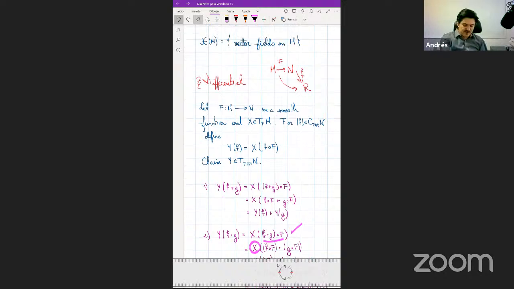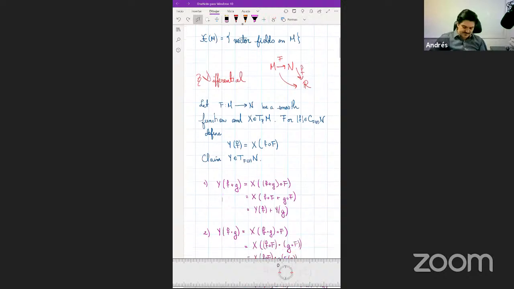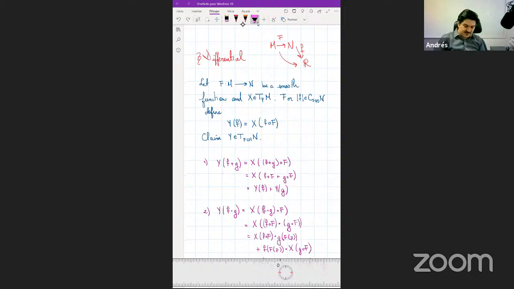So remember that in the product rule is where this point becomes important. So I have to evaluate at P each function. And that's what I have, right? Because X is a derivation at P. Okay, now.